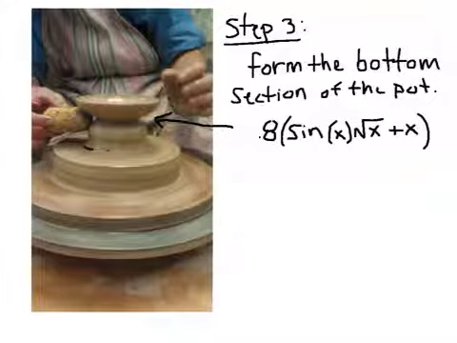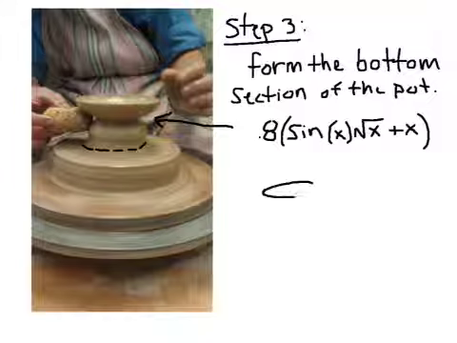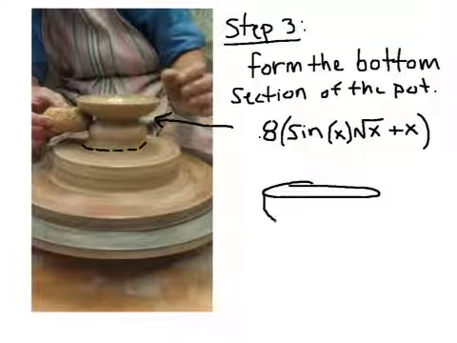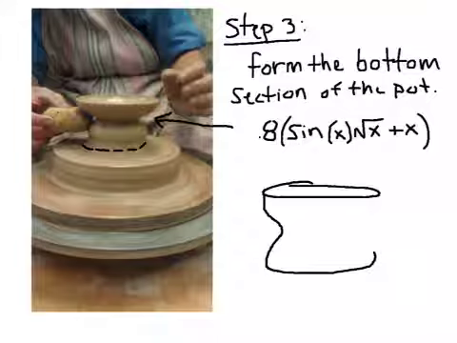And all that's left to do is to cut this pot off the base and let it dry. And we're going to come out with a pot that's looking exactly like our function of 0.8 times sine of x times square root of x plus x. And that's how you can use calculus to make beautiful pots.